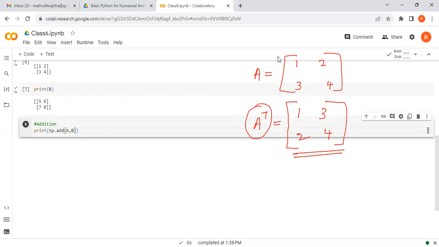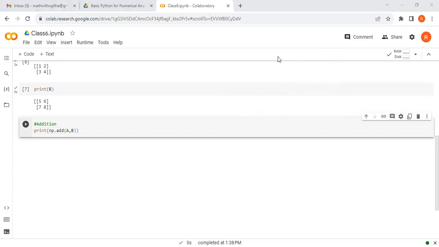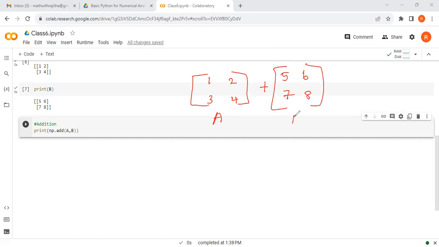Let me write something for you. In matrix addition, we have the matrix A, 1, 2, 3, 4, plus B, 5, 6, 7, 8.